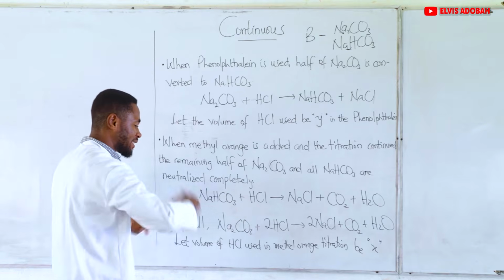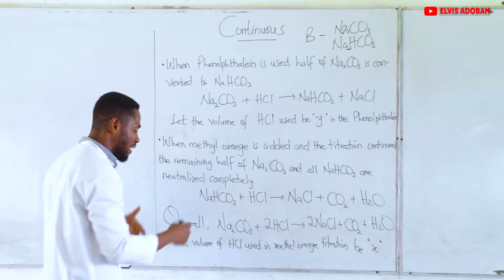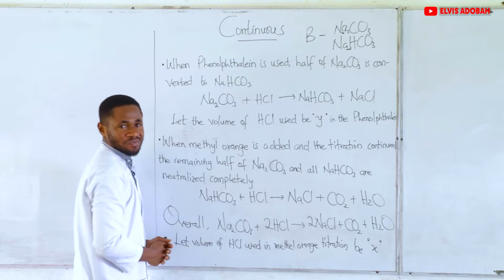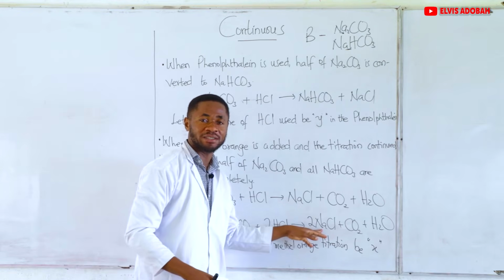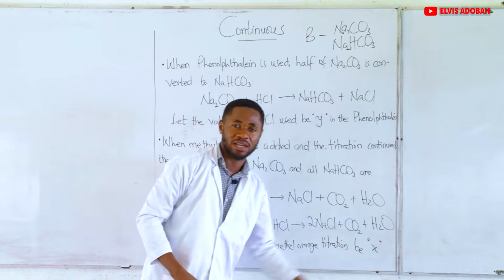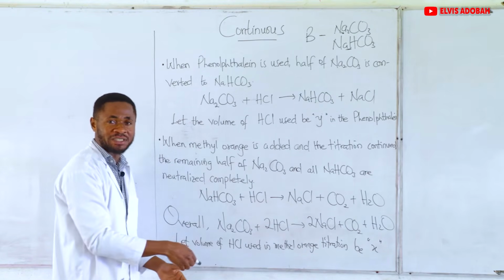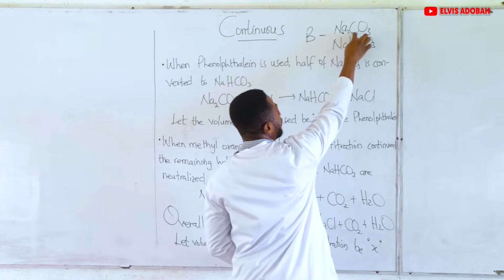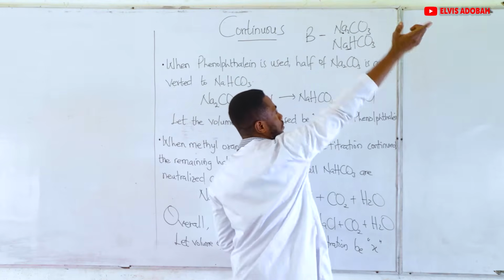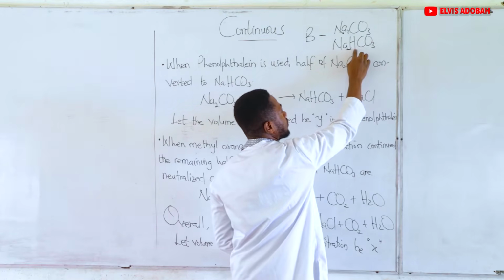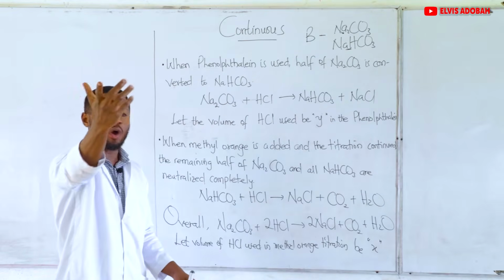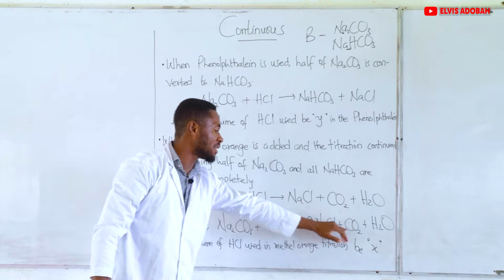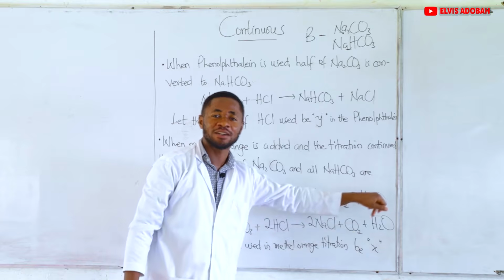So, in effect, the overall reaction became sodium carbonate reacting with HCl to form sodium chloride, carbon dioxide, and water. When methyl orange came into the business, the remaining half of the sodium carbonate converted. All the sodium bicarbonate present also converted to what? Sodium chloride, carbon dioxide, and water.